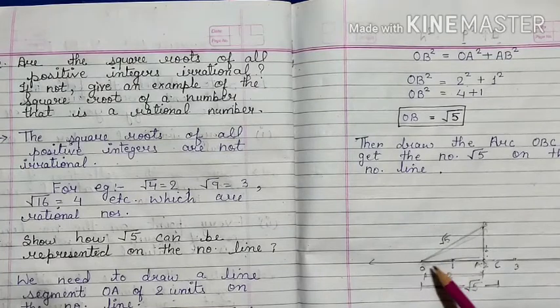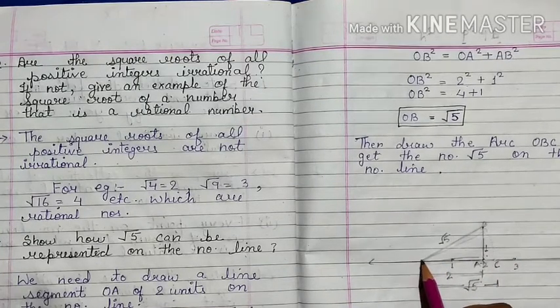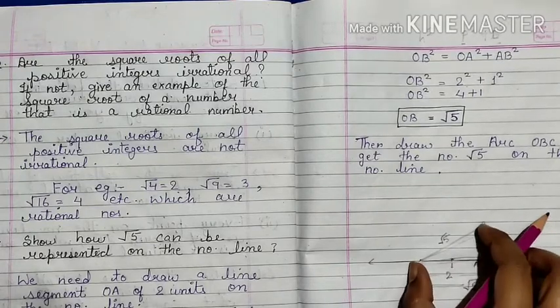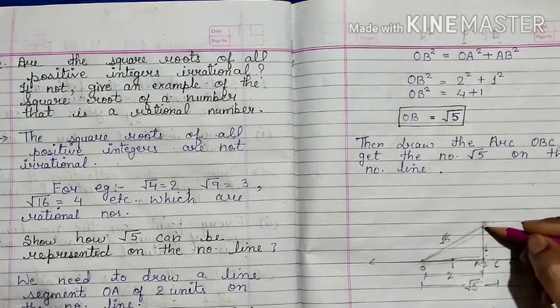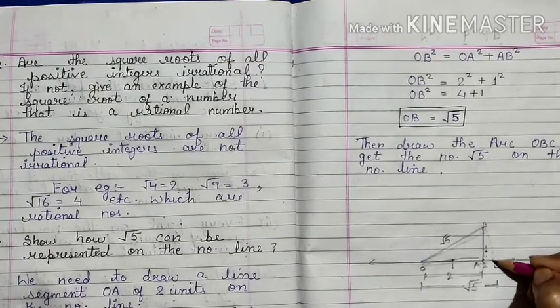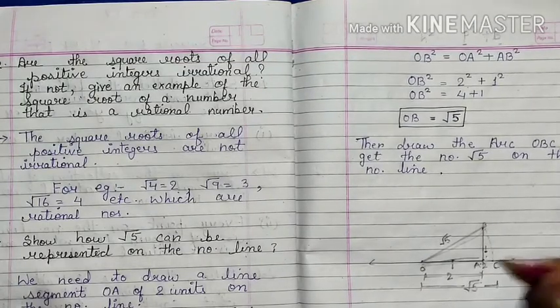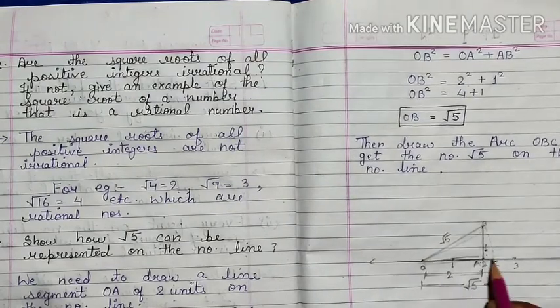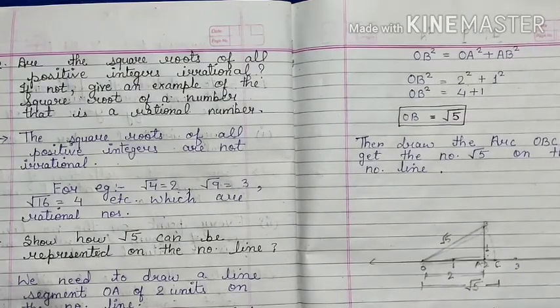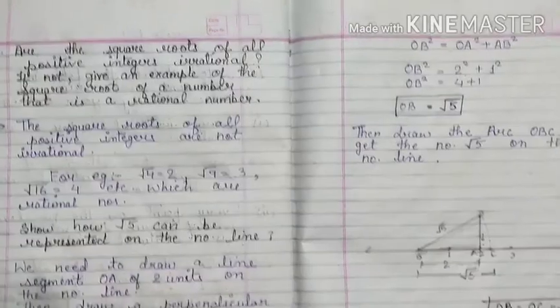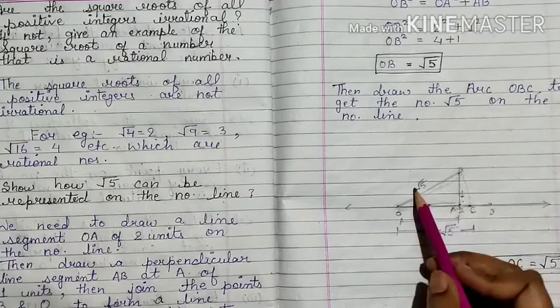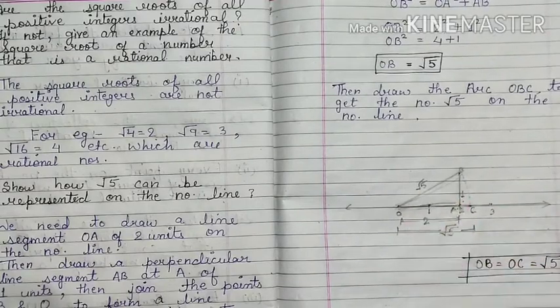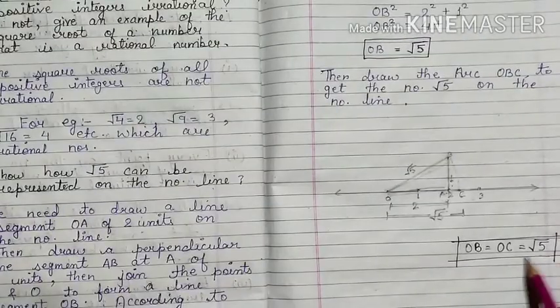Now you have to make an arc from O and B. This is the arc. This point is called C. Then OC equals root 5, or OB equals root 5. Both are the same.